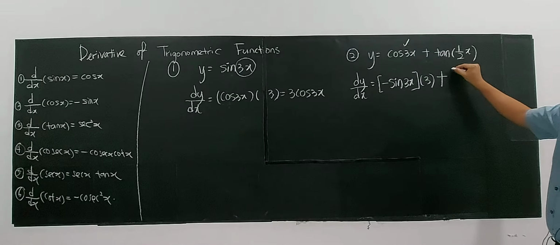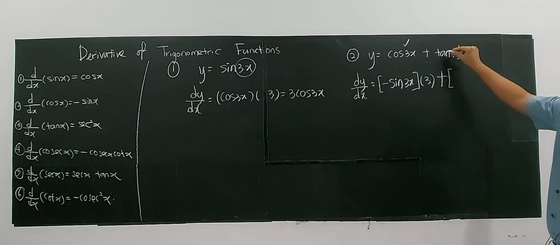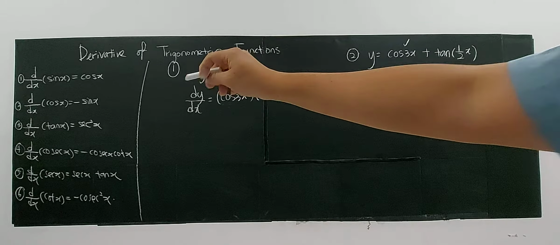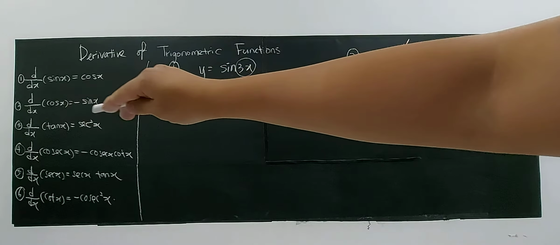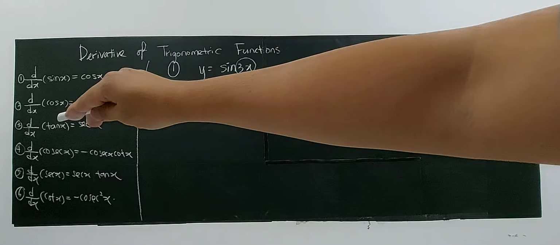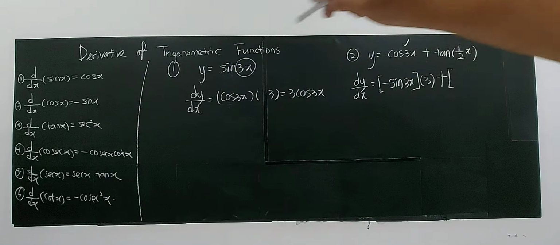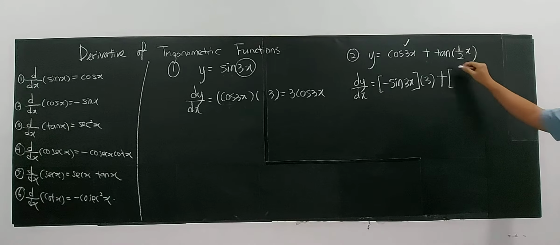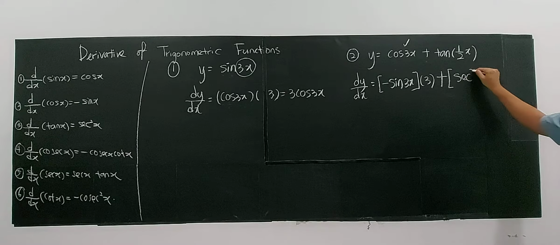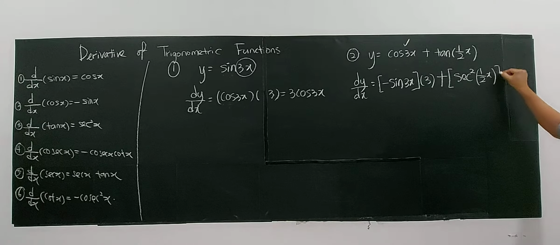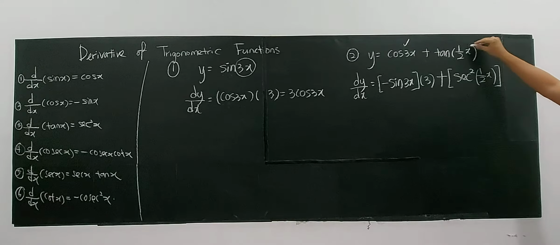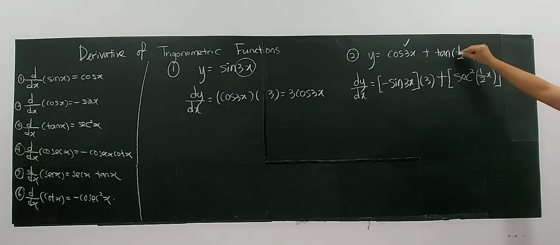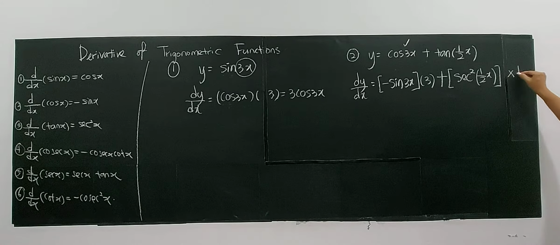Now look at this one. Differentiating tangent, you refer to the formula: differentiate tangent, you have secant square x. So differentiate tangent here and you will have secant square. The angle will still be the same, but you have to differentiate the angle inside, so you multiply with 1 over 2.